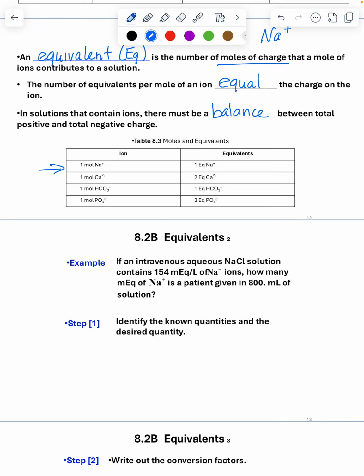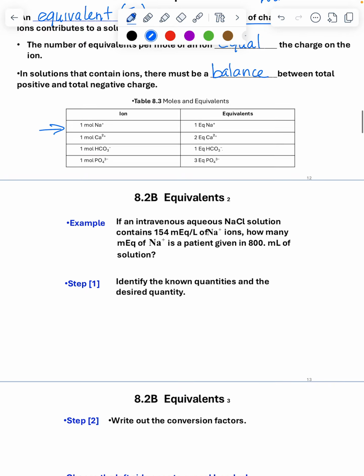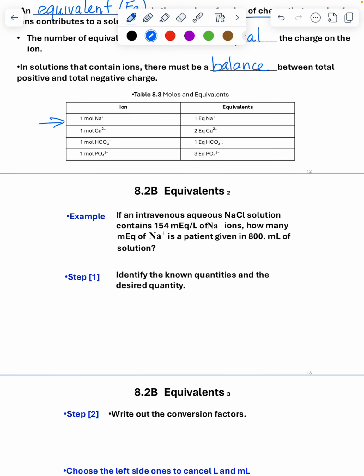And so we can use our equivalence as a conversion factor to help us solve this problem. So the first thing we want to do is to identify our known quantities. And so we can see from the prompt that we have 154 milliequivalents per liter, and that's of sodium ions.